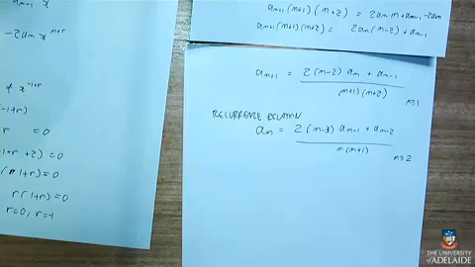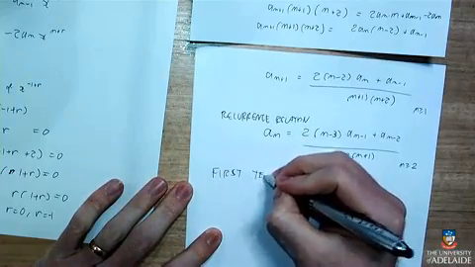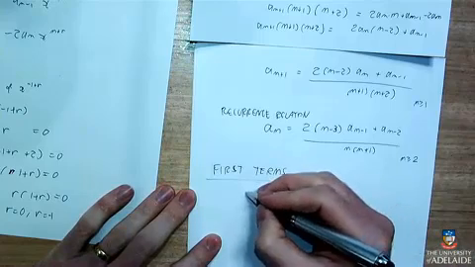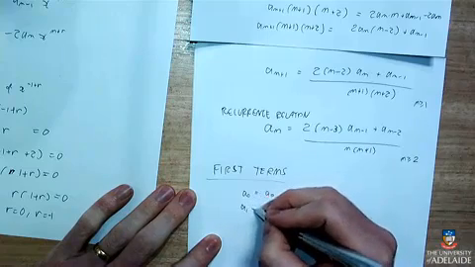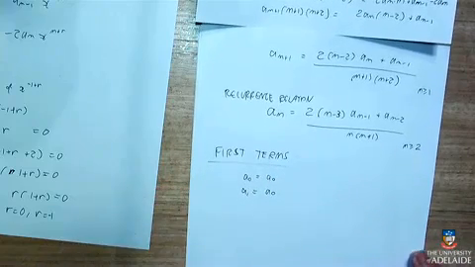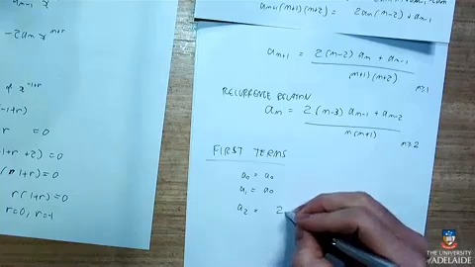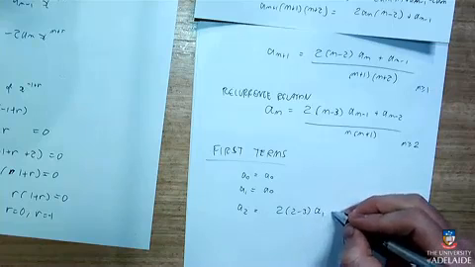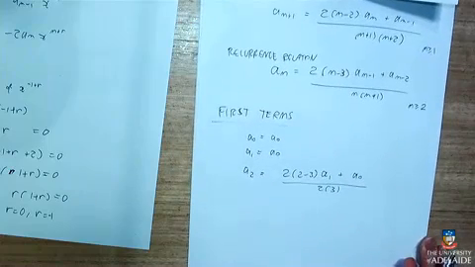Okay, so now I could attempt to figure out what the first several terms were. So my first terms, let's see. A0 is A0. We didn't figure out what that was. A1 was equal to A0. A2, which is where this formula starts, was 2 times 2 minus 3, A1 plus A0 over 2 times 3, according to the formula.